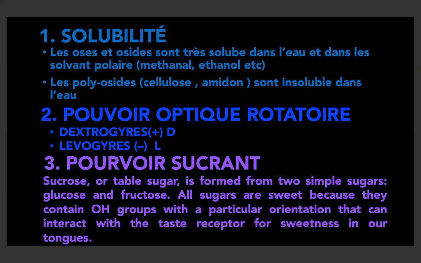It is because of the hydroxyl function that we have the taste of sweetness. The sweetness that you taste is a result of the interaction between the hydroxyl function of these glucid molecules and the neurotransmitters of the brain. So it is because of the hydroxyl functions that we have the sweetness that we taste.